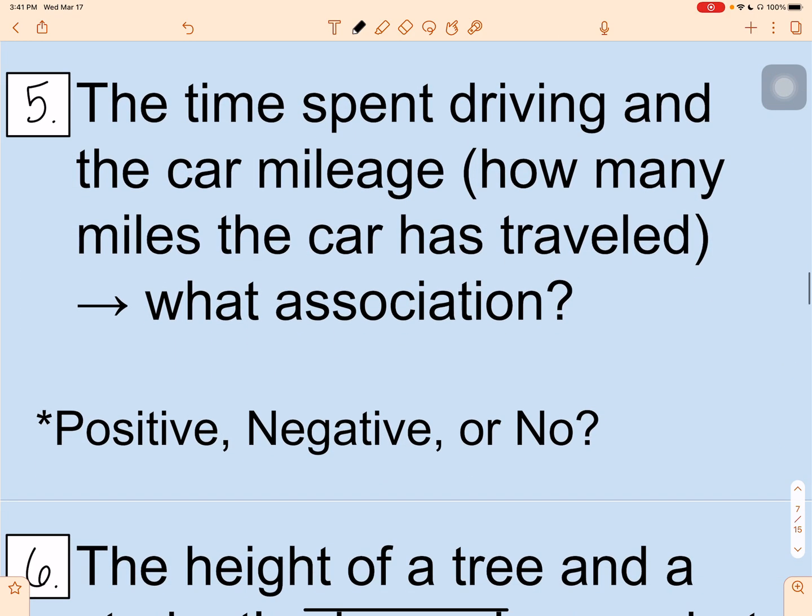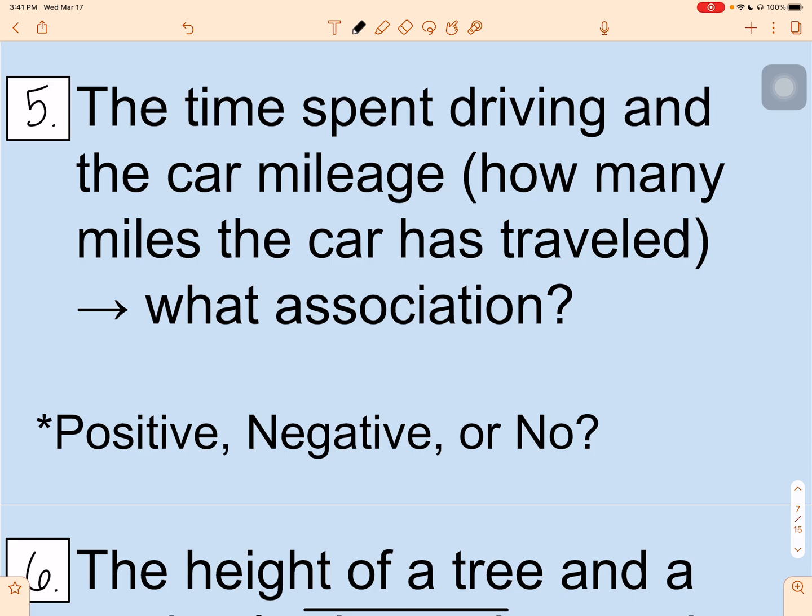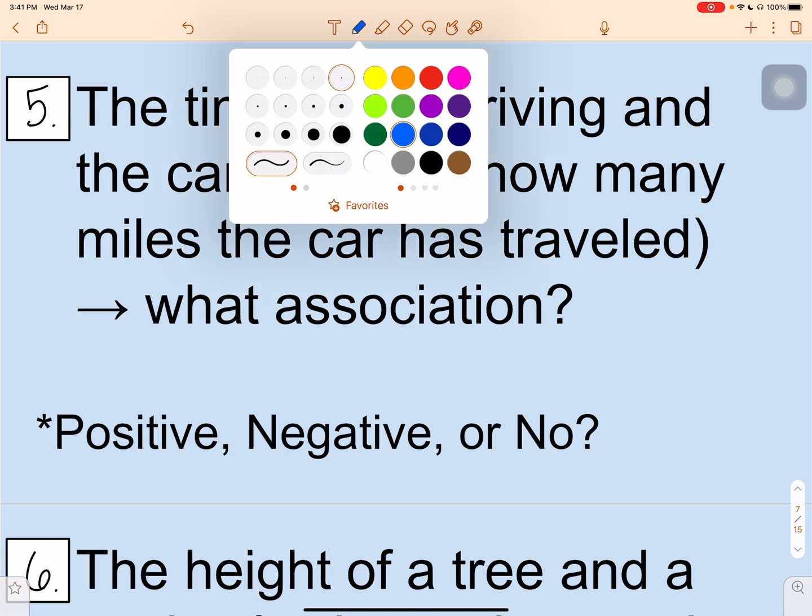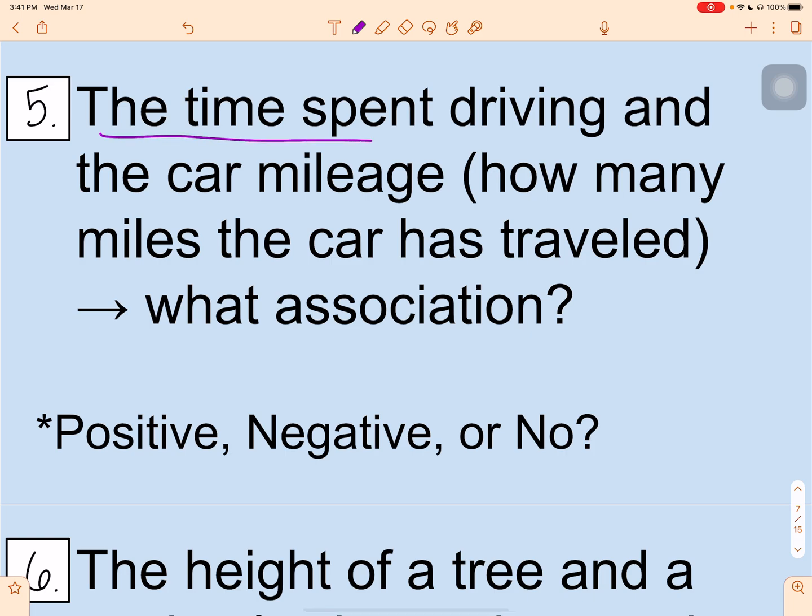Number 5, it says the time spent driving and the car mileage. How many miles the car has traveled is what the car mileage is. What association? So let's think about it. Here we are comparing the time spent driving, so that's going to be on my x-axis. Time usually goes down here.